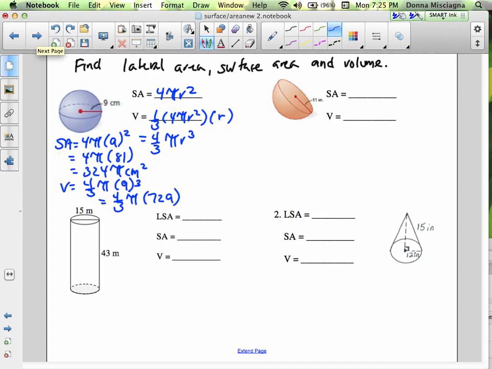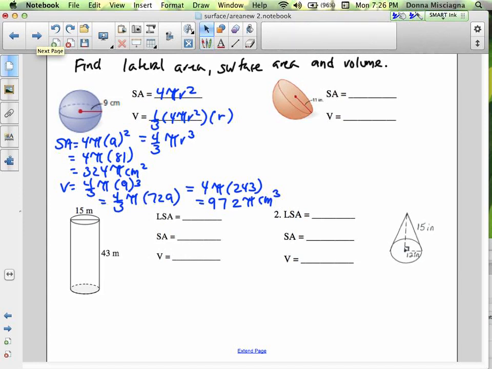So 729 divided by 3 is going to give us 243. So that would be 4 times pi times 243, which means our final volume is going to be 972 pi centimeters cubed. Here we go. And we're done with the sphere.